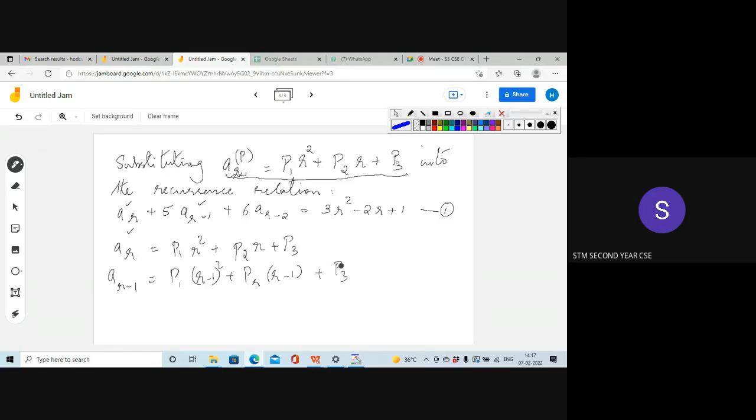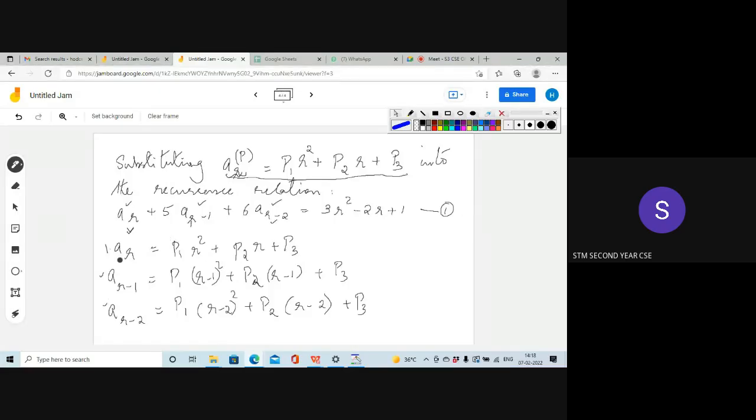Next we have to find AR minus 2. That is, AR minus 2 is equal to, in this equation just put R minus 2: P1 into R minus 2 the whole square plus P2 into R minus 2 plus P3. So we have these three terms: AR is here, AR minus 1 is here, and AR minus 2 is here.